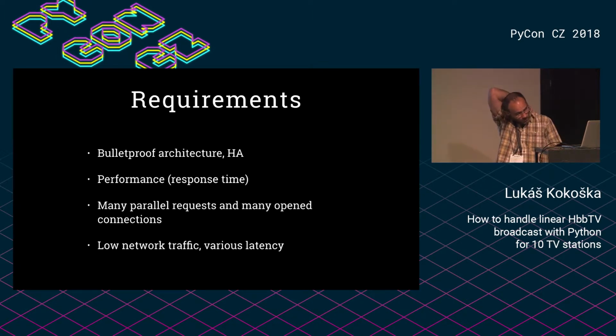So we wanted to have a bulletproof architecture with high availability, taking care of performance. From the beginning, we were working with the thought that there will be many parallel requests and many simultaneously opened connections, but with low network traffic and various latency.